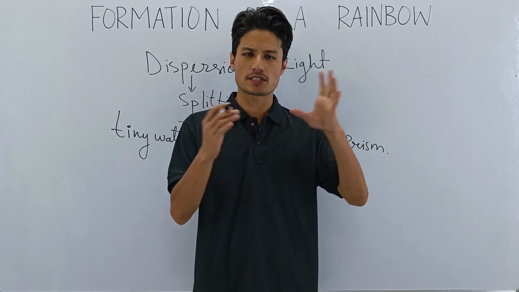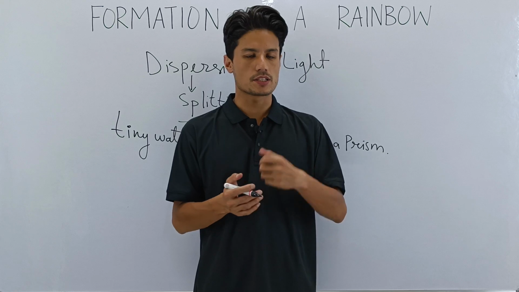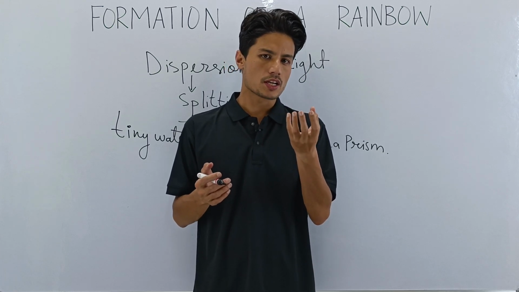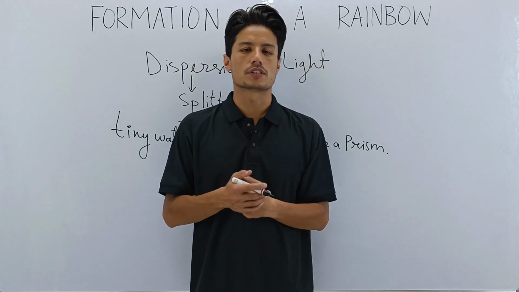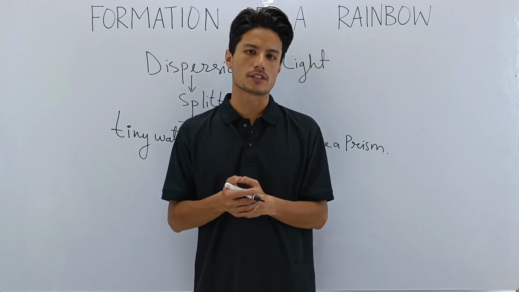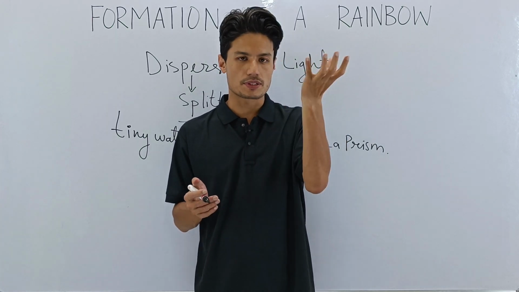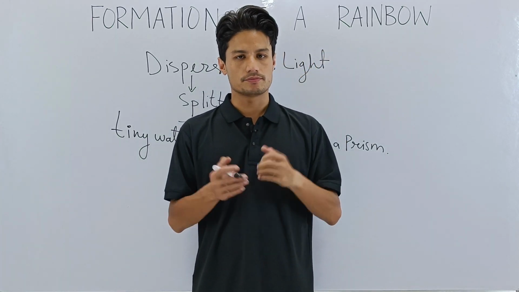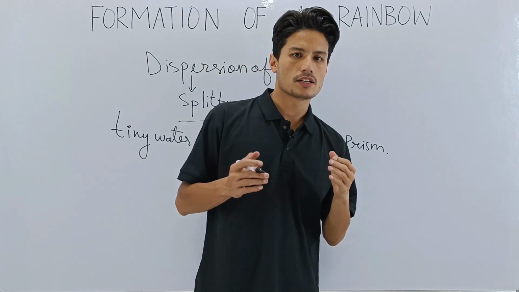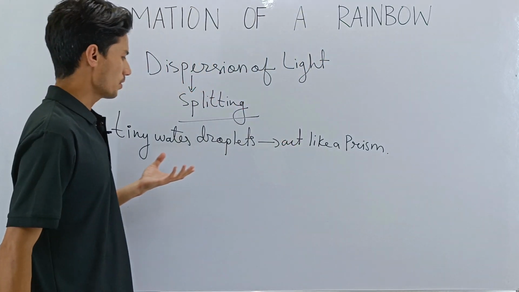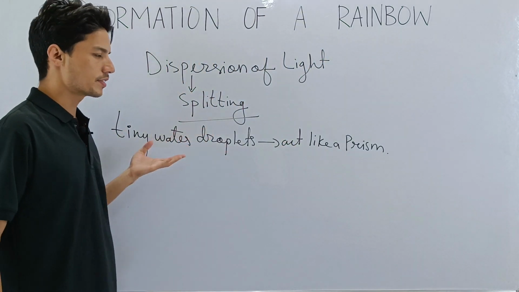So this is happening on a massive scale up in the atmosphere, and it is all because of the tiny water droplets which never fell down on earth, and are suspended up in the atmosphere. So this is basically the reason how rainbow formation takes place.